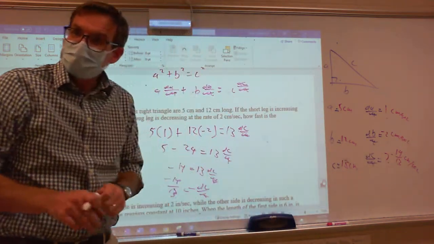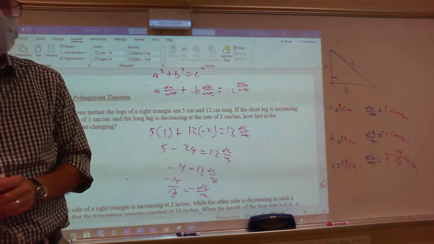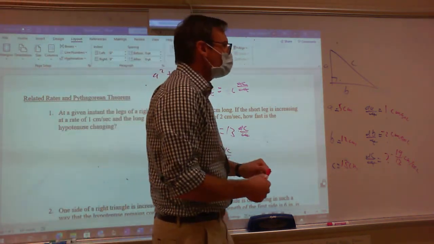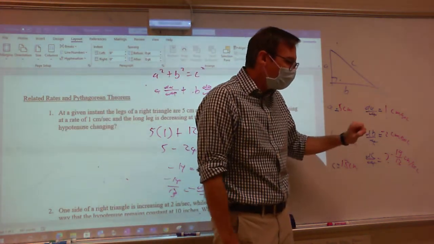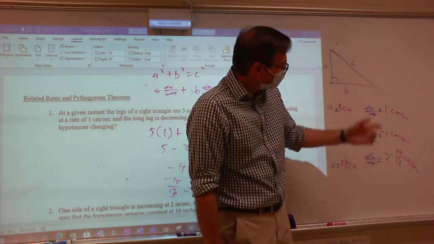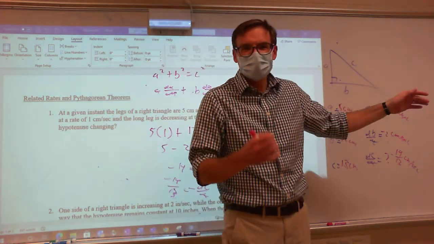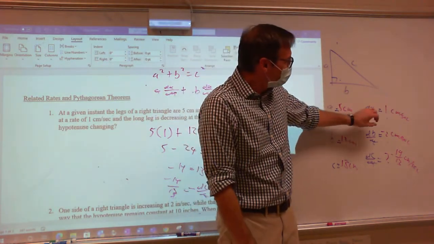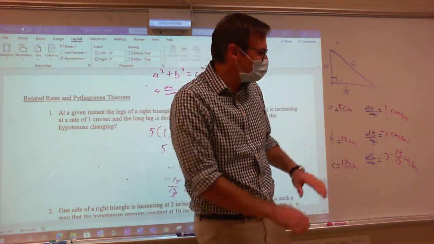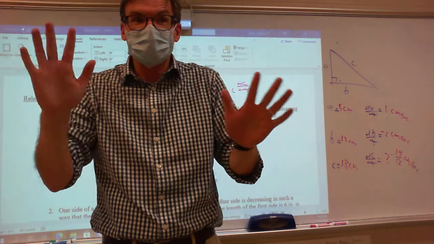Yes? Instead of doing the dA dTs, can we just put A prime? Yeah. And that's honestly what I did when I was in high school, I did the A prime, B prime, C prime. I do the d something dTs because on the AP exam, they accept both.